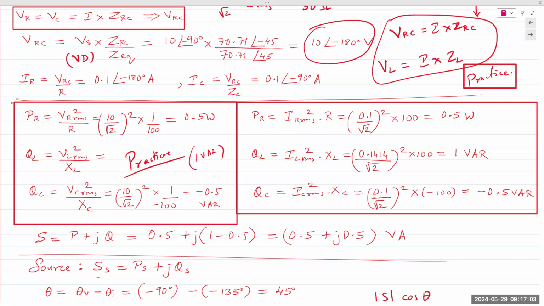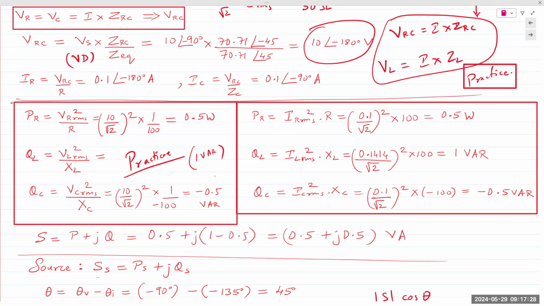Left is voltage, right is current. PR is V squared over R. The resistor power is the resistor voltage squared divided by the resistance. QL is inductor voltage squared divided by the inductor reactance. QC, reactive power for the capacitor, is capacitor voltage squared divided by capacitor reactance.